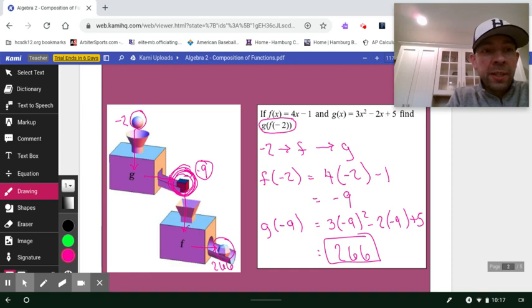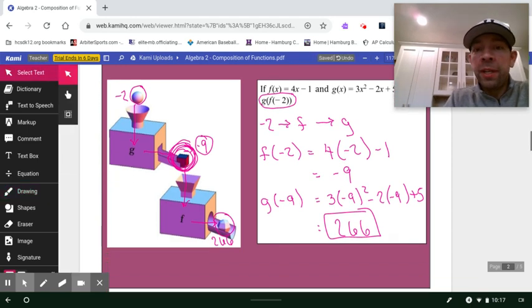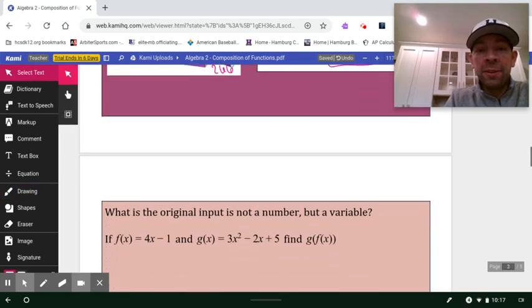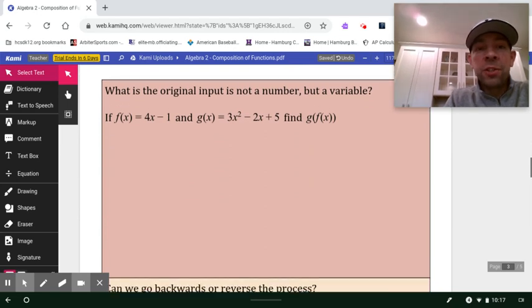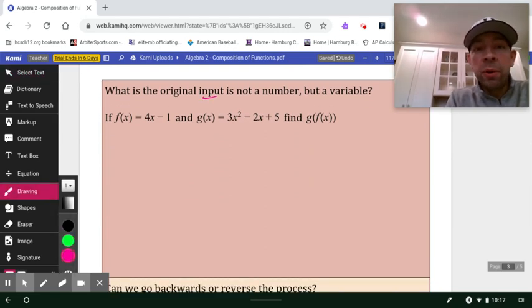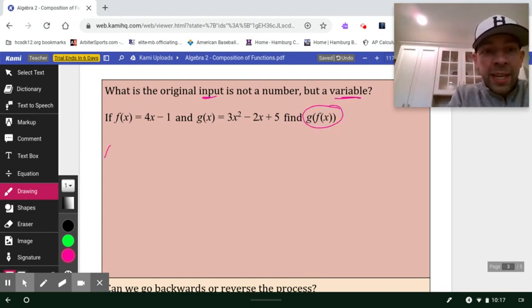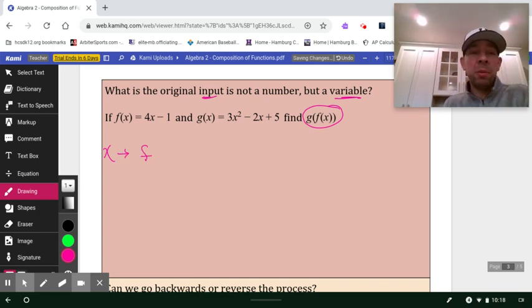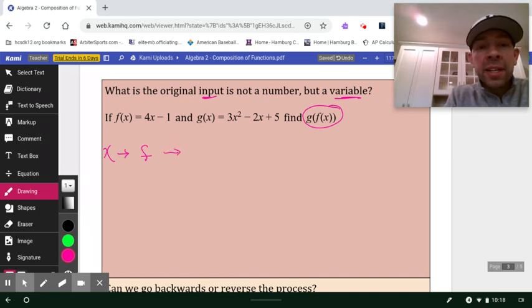Things are really nice as long as that first input's a number, everything else really flows. So now the challenge is, what if that original input is not a number, but a variable? So let's unpack this right here. We're going to take an x, we're going to substitute it into f. The output is probably going to be some function of x, in terms of x.